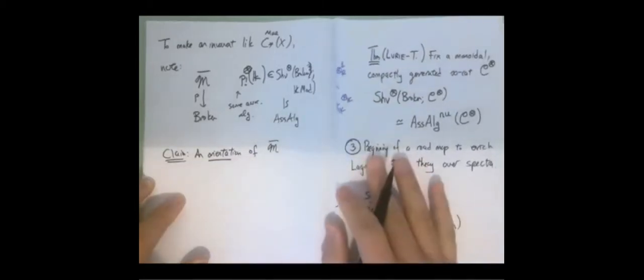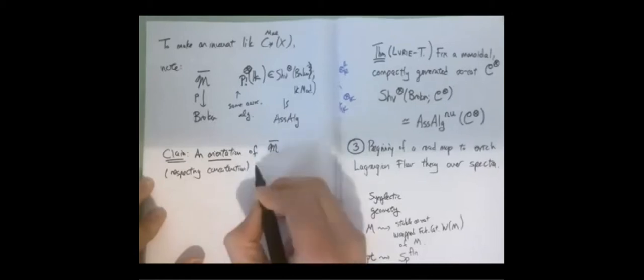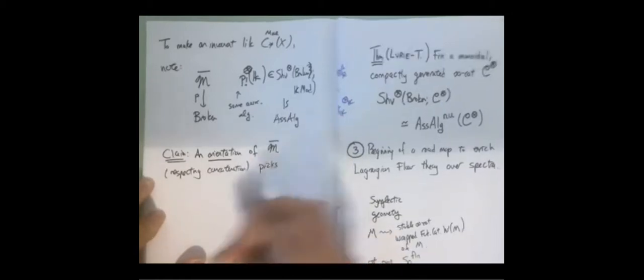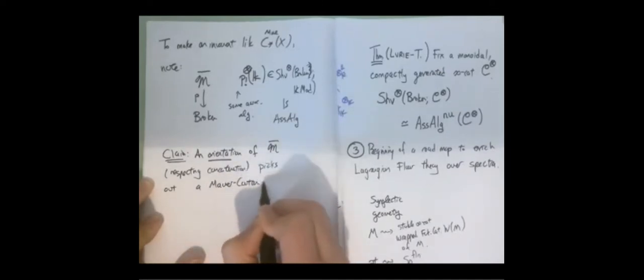And it turns out, this is a claim that I'm not going to be able to sketch, that an orientation on this moduli space, and if you've studied things like Gromov-Witten theory before, you know that orienting moduli spaces is somehow the name of the game, so an orientation of M bar that respects concatenation picks out a Maurer-Cartan element of this associative algebra.